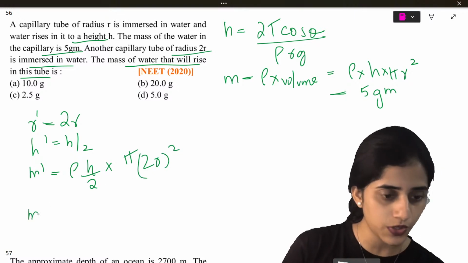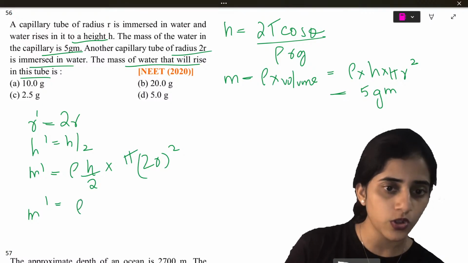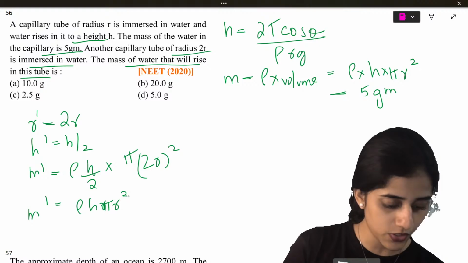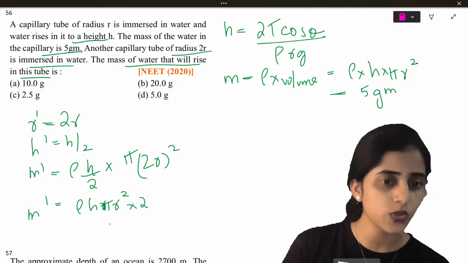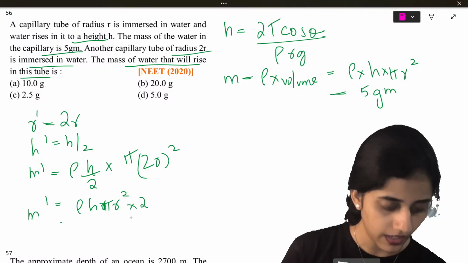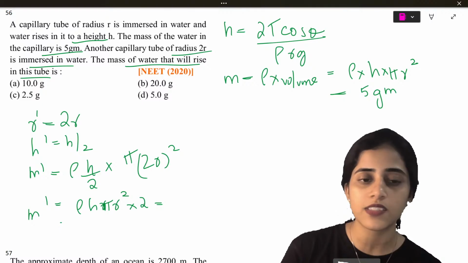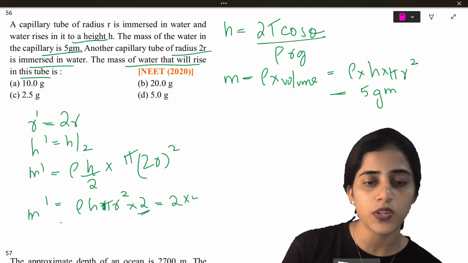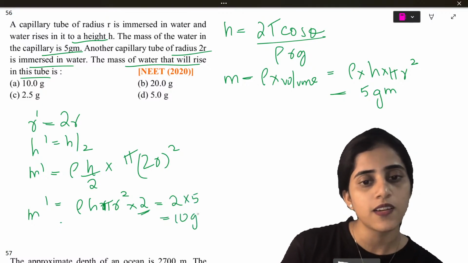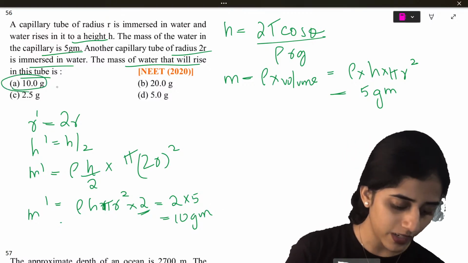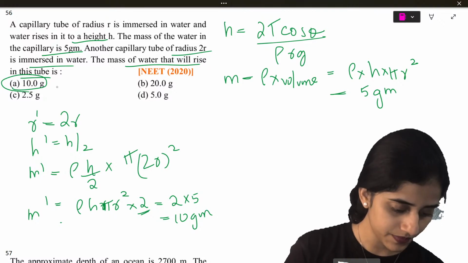So m dash is equal to rho h pi r square into 2. What is the only difference? There is a factor of 2. So 2 into 5, which is 10 grams. The answer is option A. Are you all getting option A?